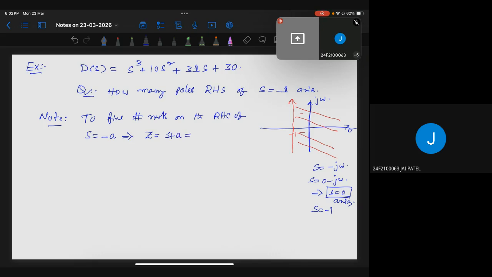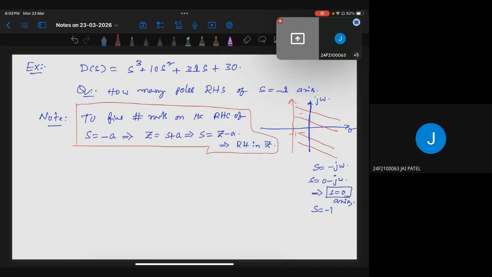Then S is nothing but Z minus a. We are shifting it. So now we will check RH criteria in Z. Is this clear?